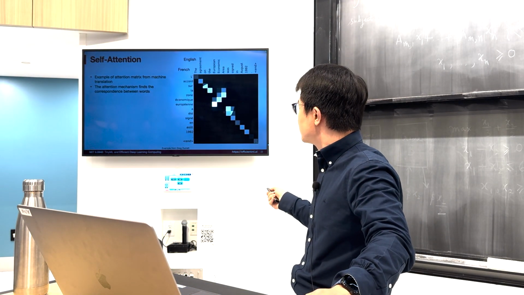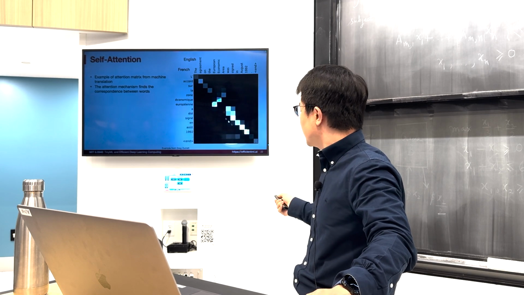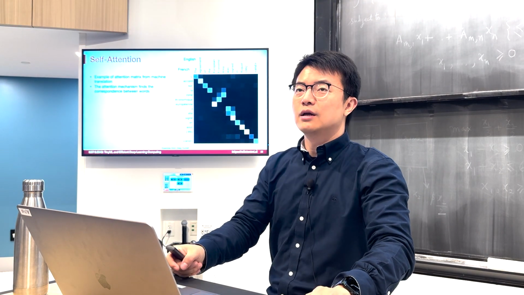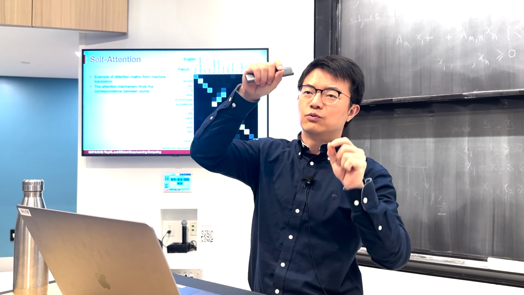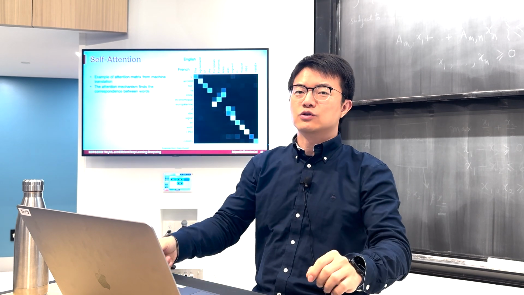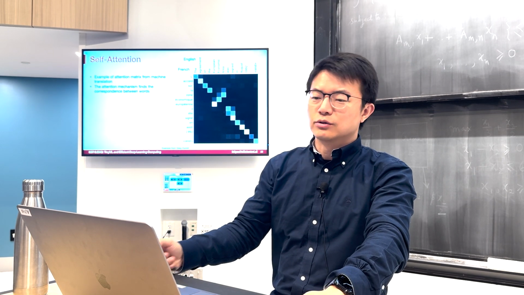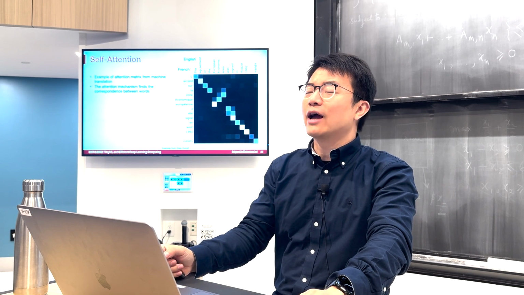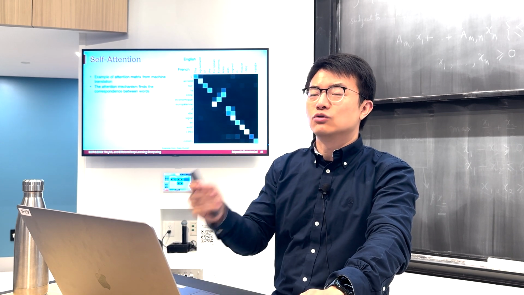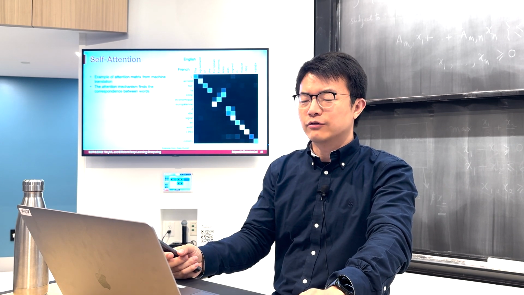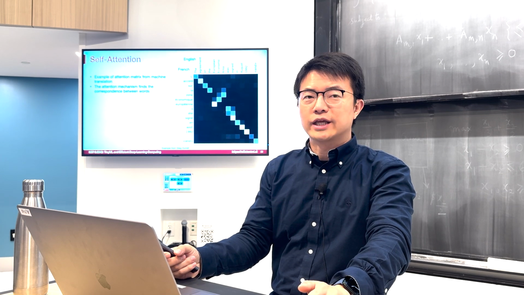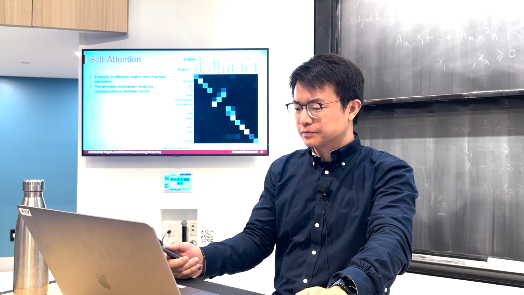That's why we see this reverse diagonal. And the remaining words are in the diagonal direction, meaning that each token in one language corresponds to the exact location in another language. So the attention mechanism basically finds the correspondence between the words, and they are found by training, not by any rules.